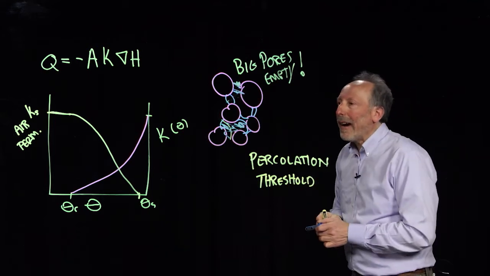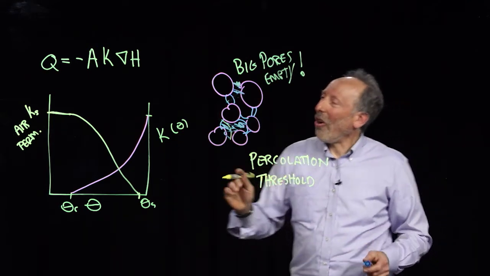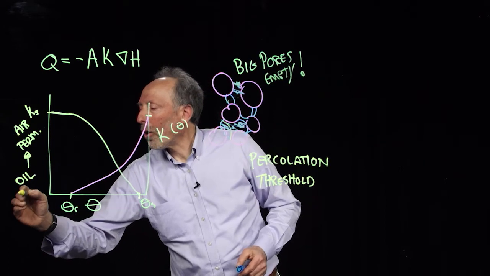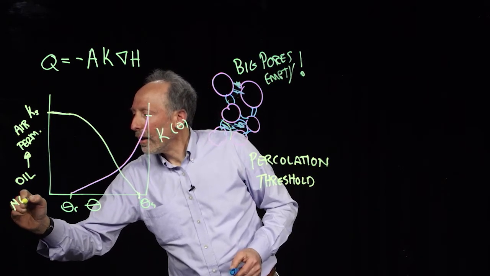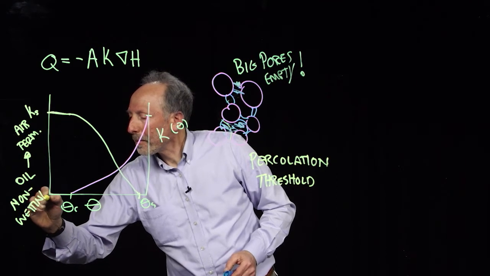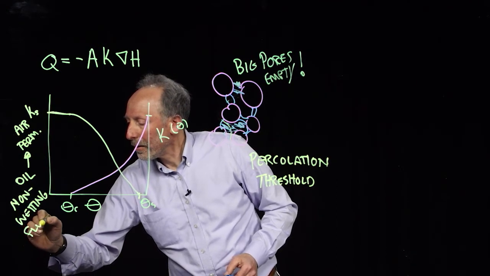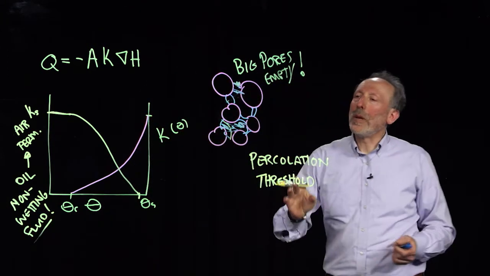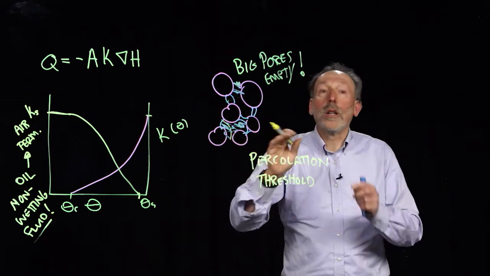Now, we've talked about air, but guess what? This also is applicable to any oil or other non-wetting fluid. By a non-wetting fluid, we mean that the water wets the soil.